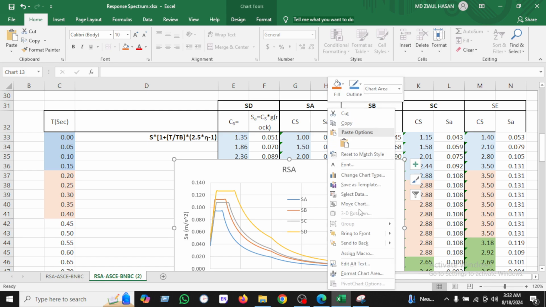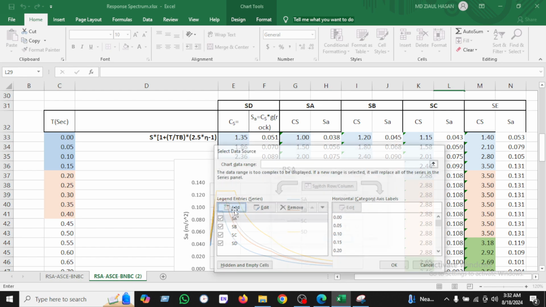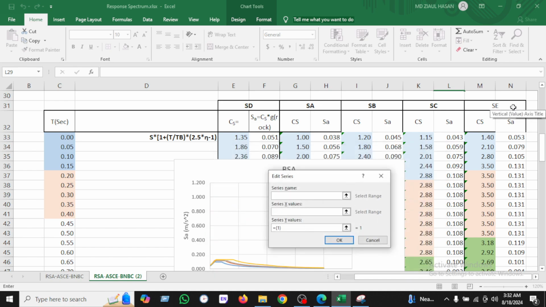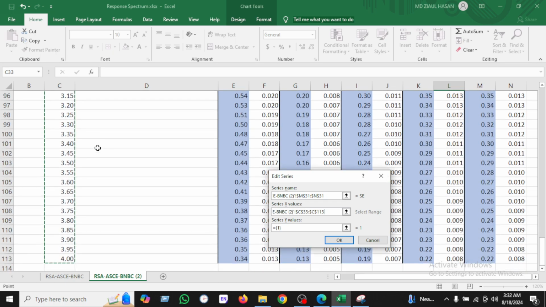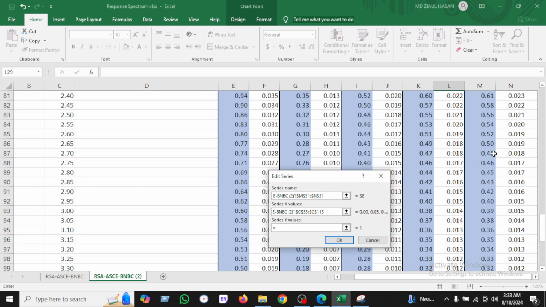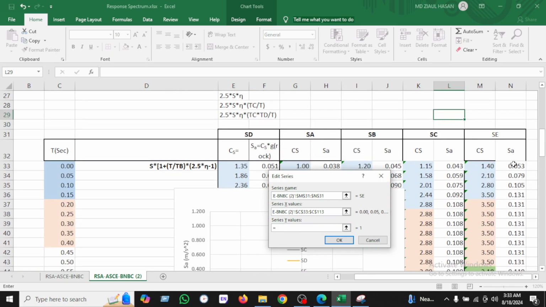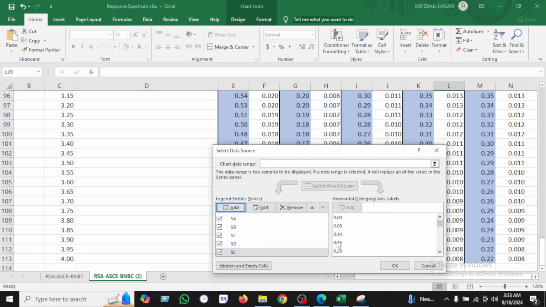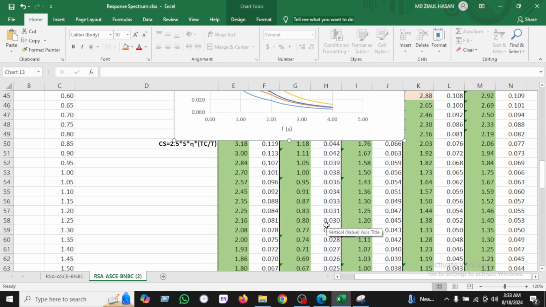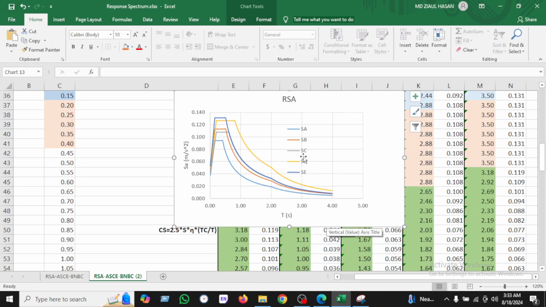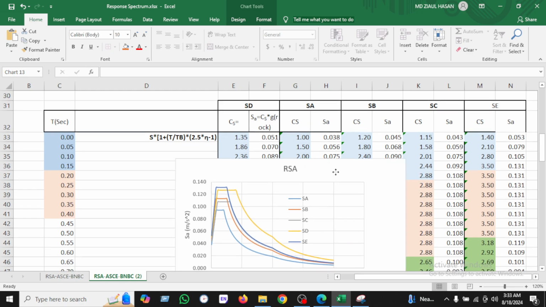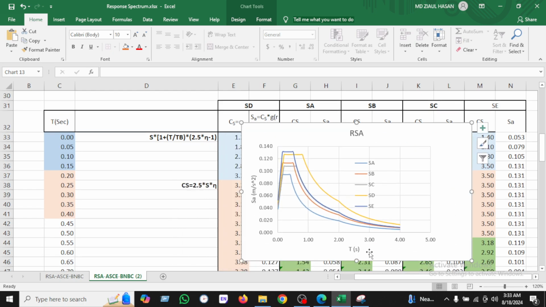And the last one we will graph is SE, and the x value will be time period in the same way, and the y value will be spectral acceleration. Okay. All the graphs we have shown here: the spectral acceleration versus time period.